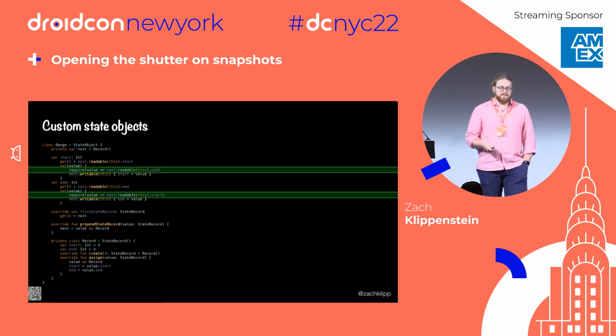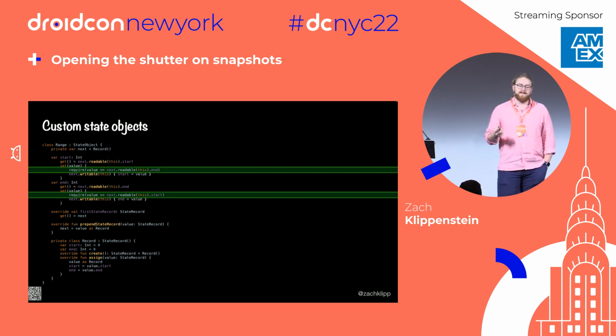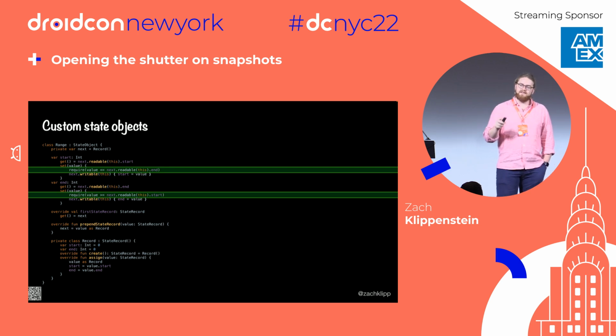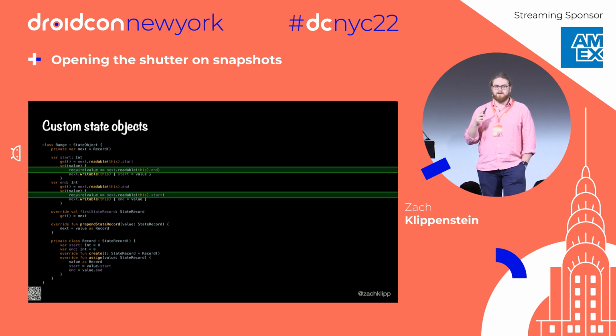We're going to do that in the setters first. So we're going to call Kotlin's require function, and we need some way to get the current value. Maybe we could use this readable extension again and check if the new value is less than or equal to the current value's end. But this doesn't actually work very well, because another thing that the readable and writable extensions do is report to the snapshot observers that a value was read or written.